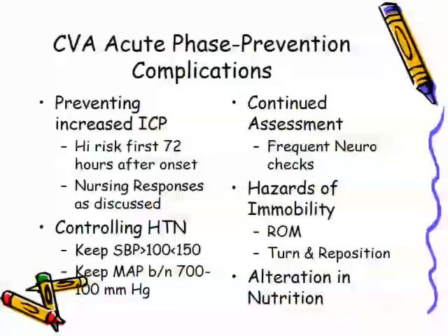Sorry about that. So continued assessments for patients are going to be frequent neurochecks and watching for the hazards of immobility. They're at risk for skin breakdown, so we need to turn and reposition them every 2 hours, and those types of things. We already talked a little bit about the problems that would be with altered nutrition.